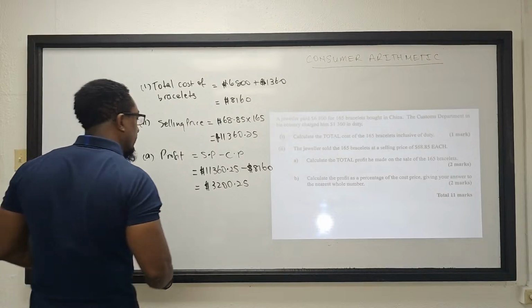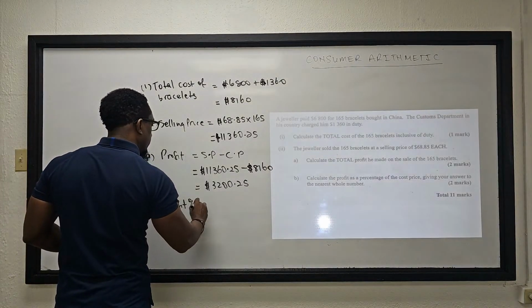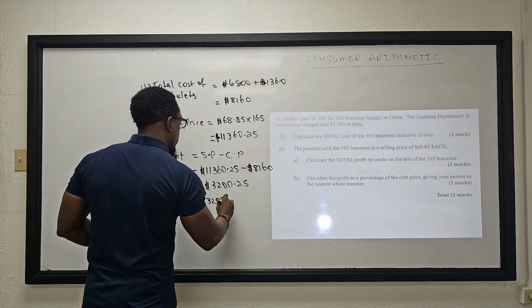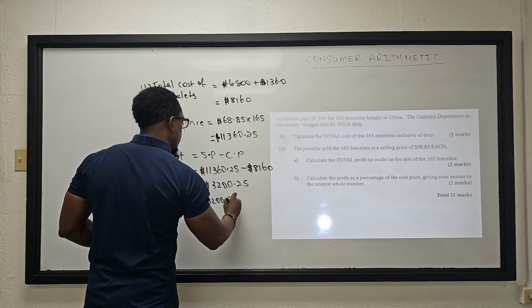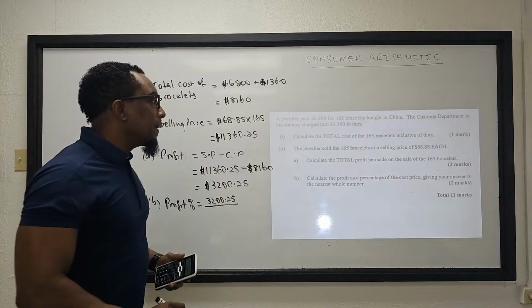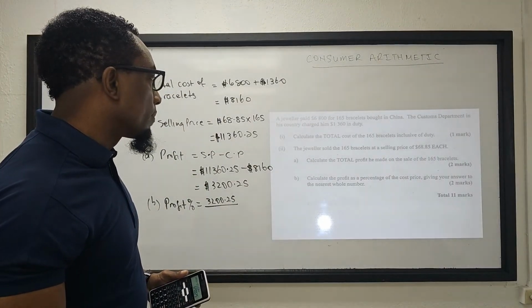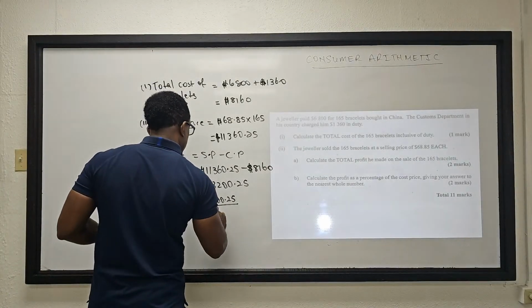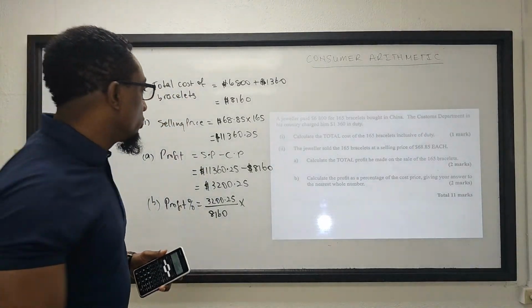So the percentage profit, which is what? 3,167.25 divided by the cost price, which is your 8,160, I'm going to multiply by 100.